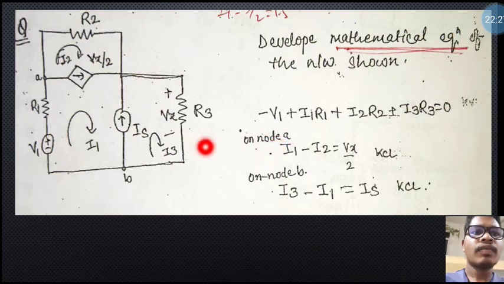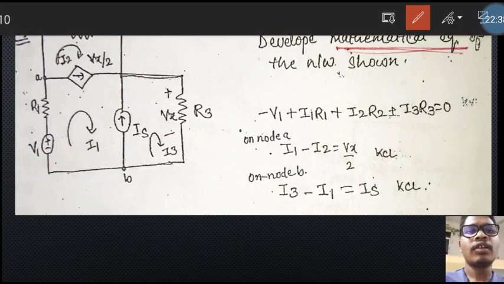So now put the KCL in node A. So this is our node A. Here I1 amount of current will flow in the clockwise direction and I2 will flow in the anti-clockwise direction.